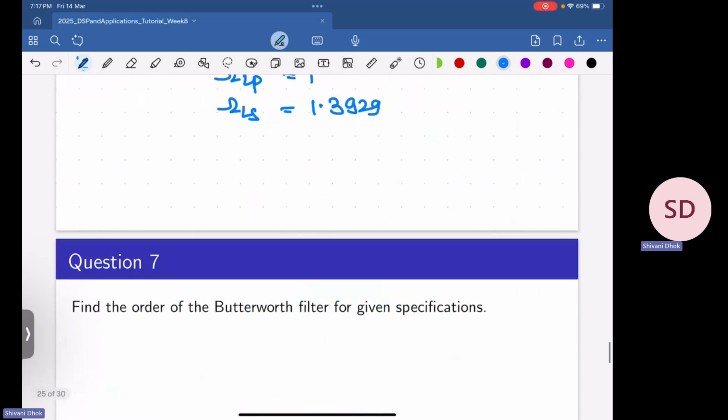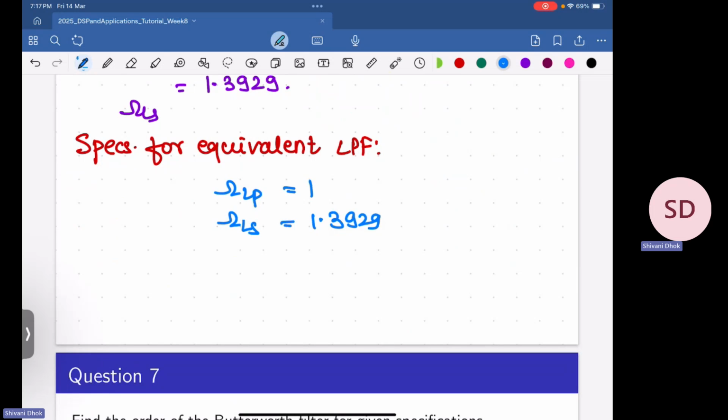And we have delta 1 equal to delta 2 equal to 0.15. So these are the specifications for our equivalent low pass filter.